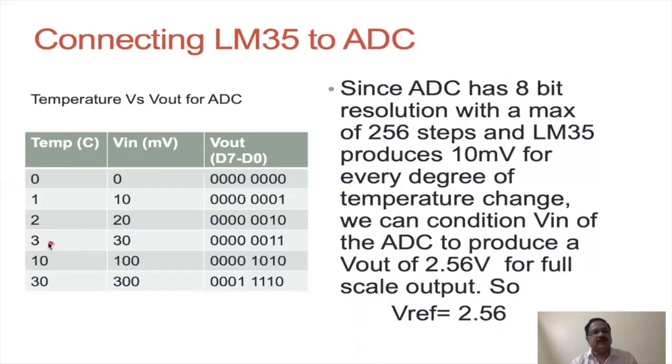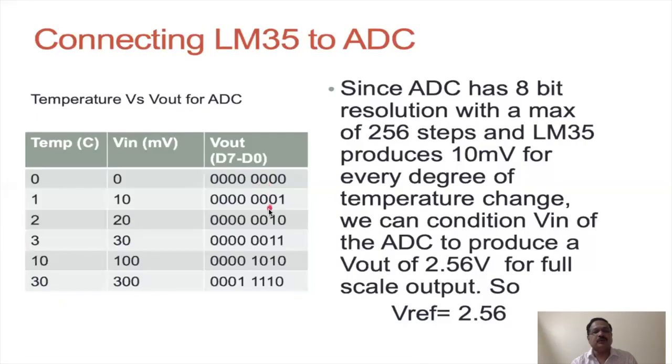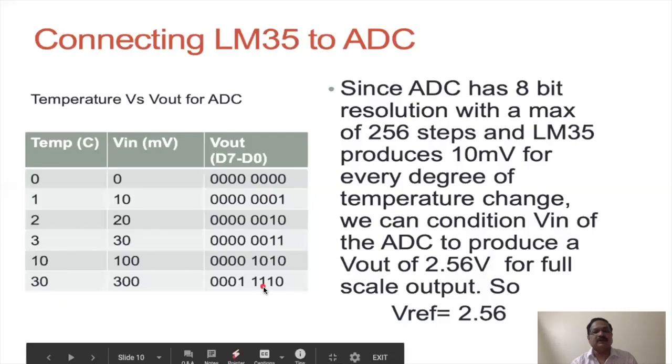If it is 3 degrees Celsius, you will get 30 millivolt. So we are obtaining linearly proportional output voltages from this sensor. If it is 10 degrees Celsius, we will get 100 millivolt, and similarly for 30 degrees Celsius, you will get 300 millivolt. The equivalent digital outputs you will obtain on the D0 to D7 lines are shown here.